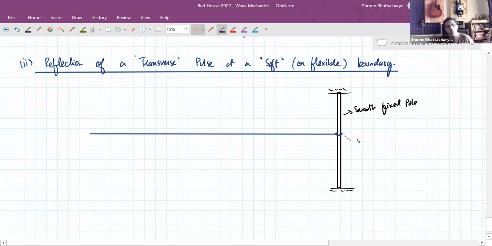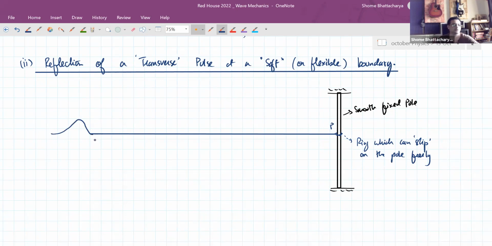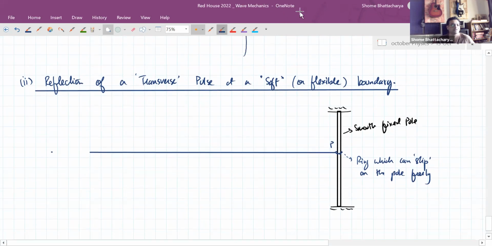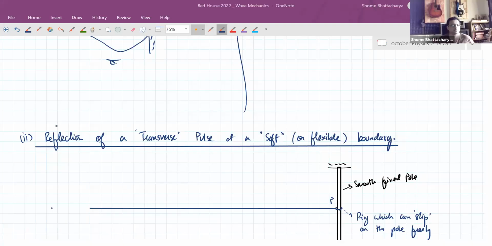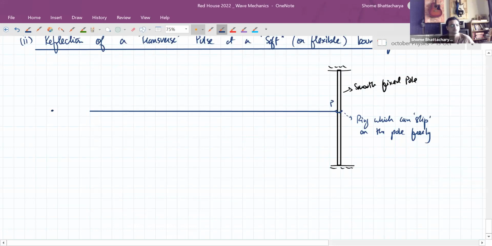This is a ring which can slip on the pole freely. So this time, the end of the string which is attached to the ring basically forms a flexible boundary, because that point can move without any resistance, any mechanical resistance offered by the medium. It can move freely without any such resistance or any such force.